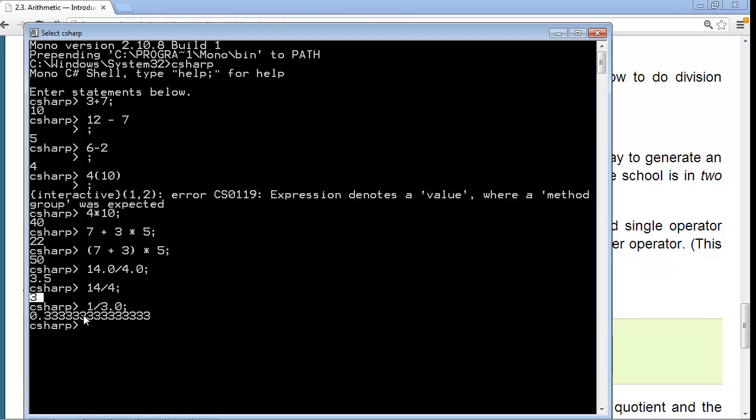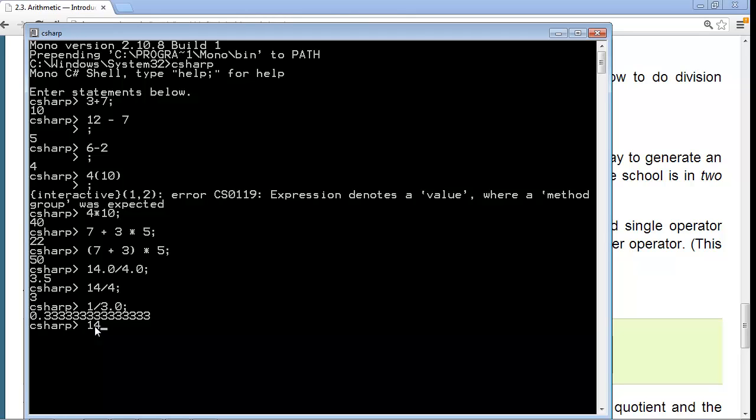What C# and many other languages do is come up with a different operator to give you the remainder. And since this is not standard in math, sometimes mod from modulus is used in math, but there's no standard one-character symbol. They grab one.